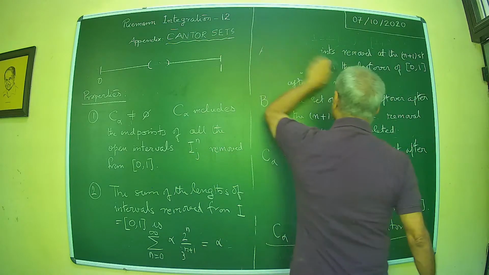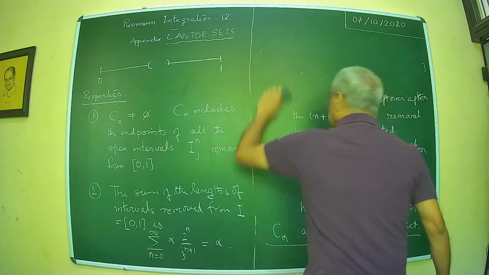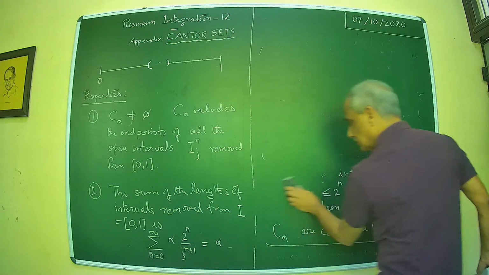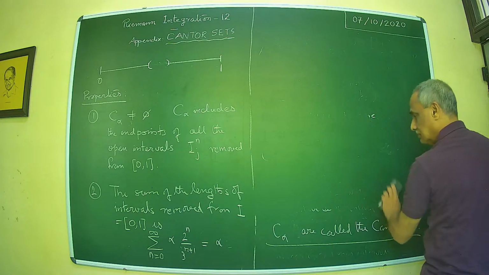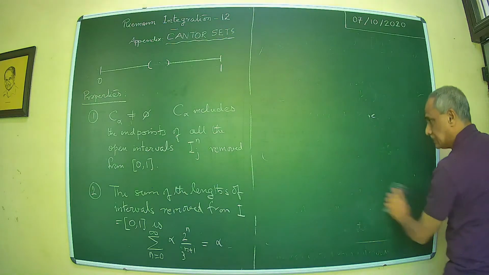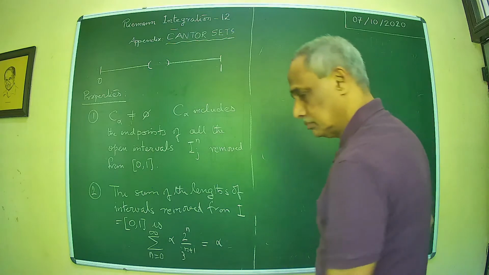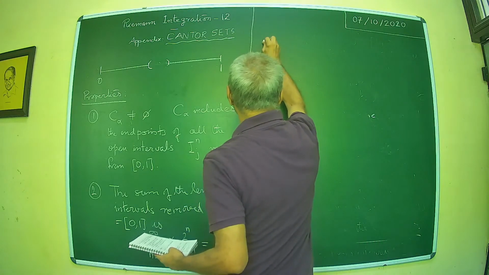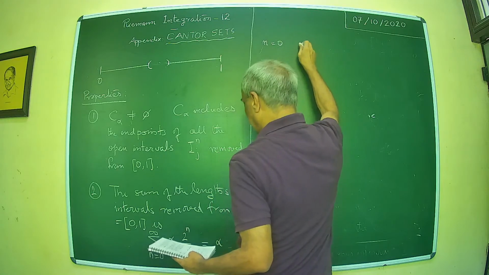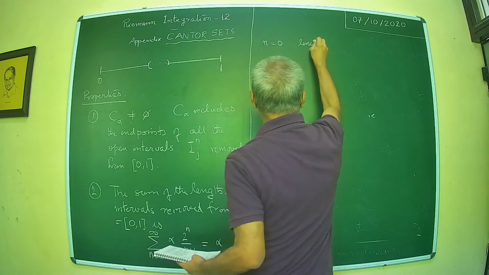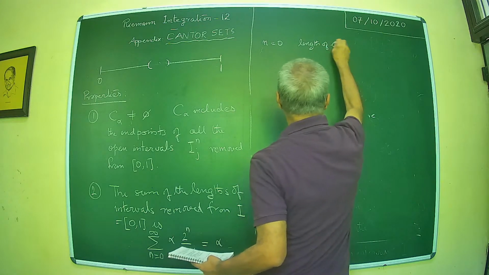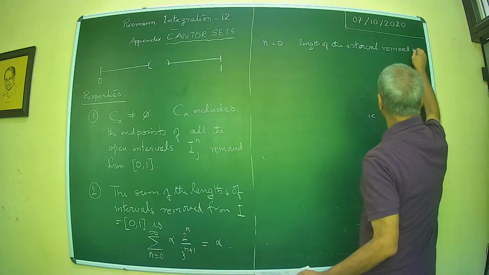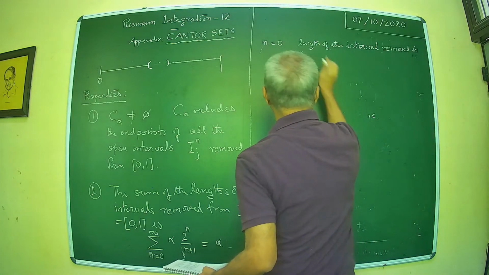It's quite easy to see what goes on. When n is equal to 0, the length of the interval removed is alpha by 3.